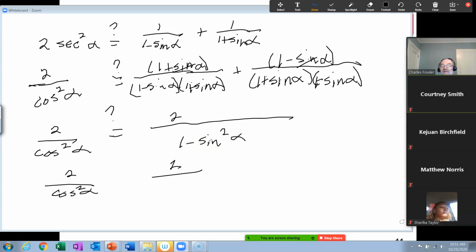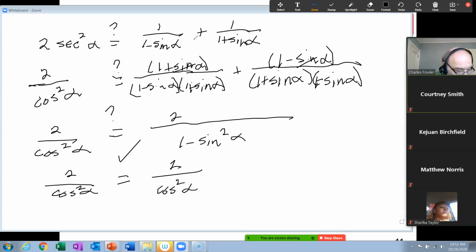Pythagorean identity, cosine squared. So sure enough, no more question mark, that is an identity. Those are identically the same. So therefore we verified that this thing here is indeed equal to that thing there. They don't look like they would be at all related, and yet they are exactly the same.